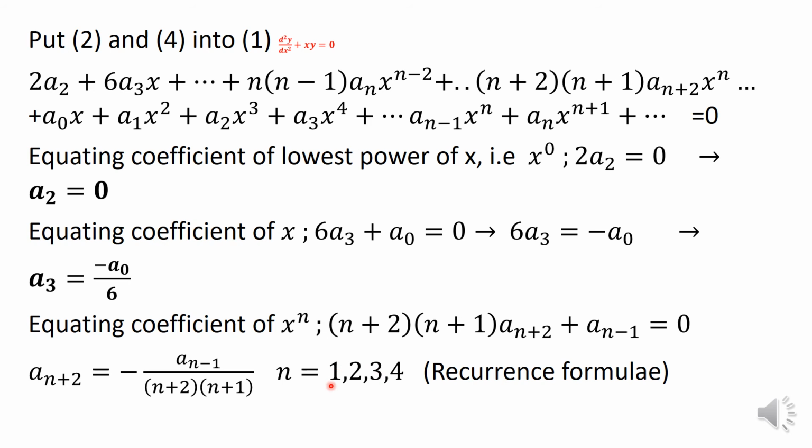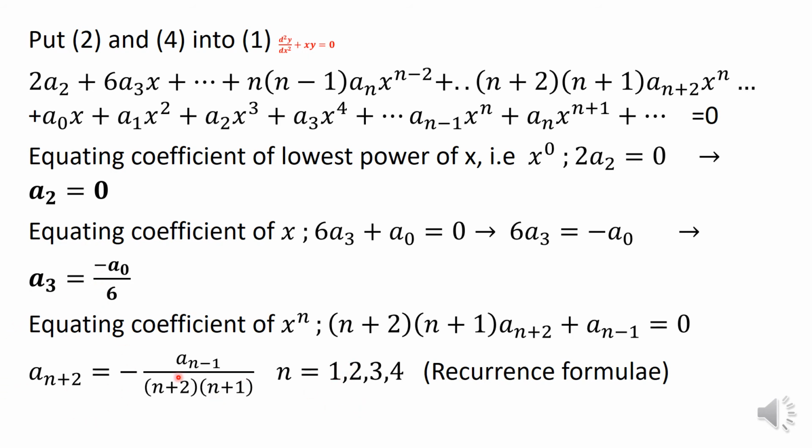If you put n equal to 1, it will be a0, it will be a3, right? So what is the value of a0? We are not knowing, right? So a3 you can calculate here, right? Because a3 we know.